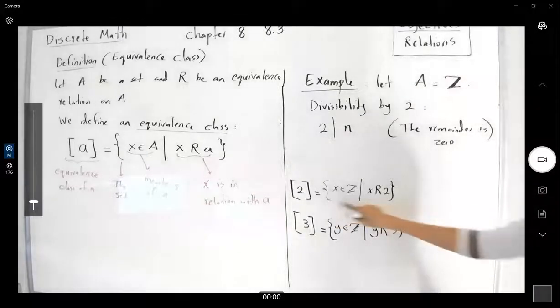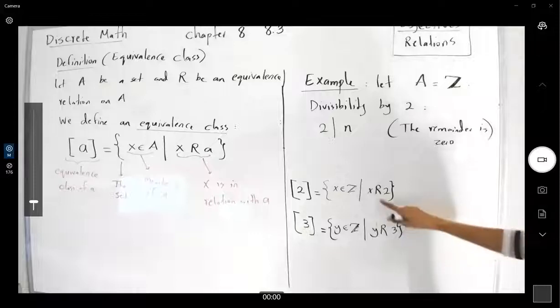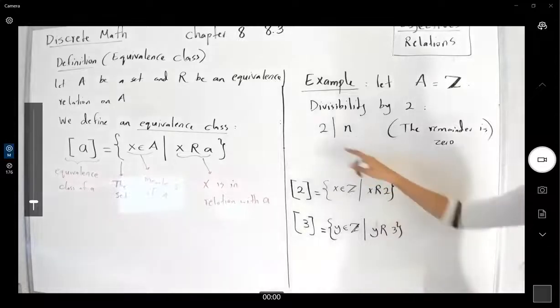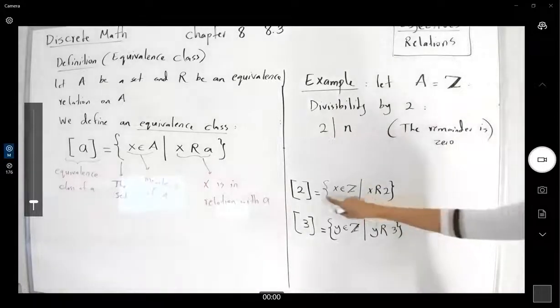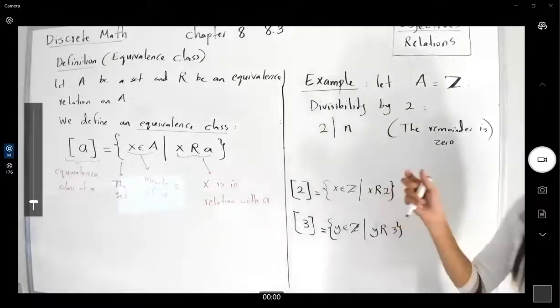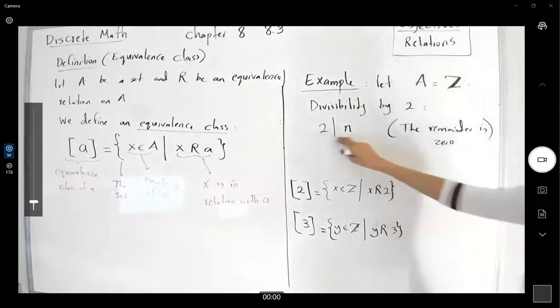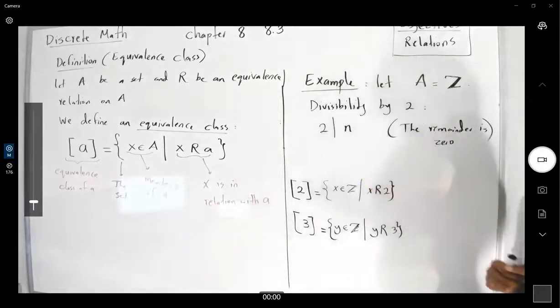So how do you define this relation? Divisibility by 2, and this is R. So what are the collection of those numbers that we have? We say that, hey, x is in relation with 2. What are the elements that are in relation with 2? It means that if you take those elements and divide them by 2, the remainder is going to be 0.